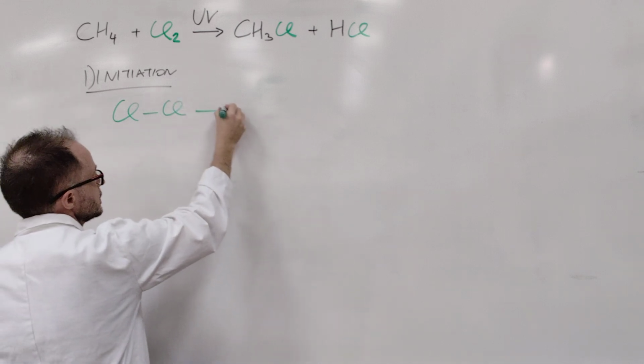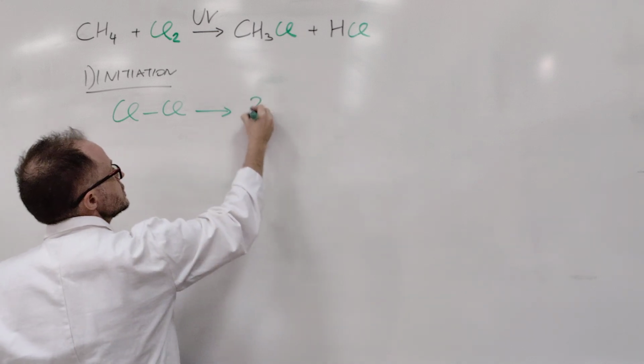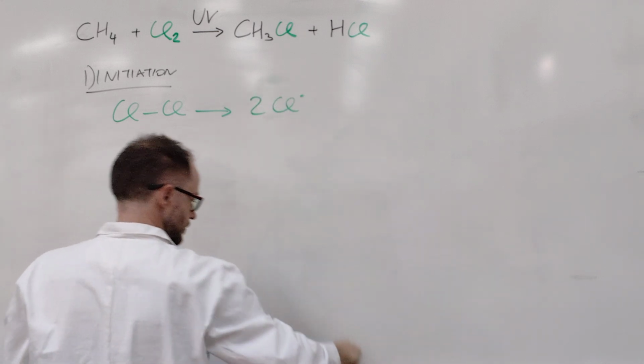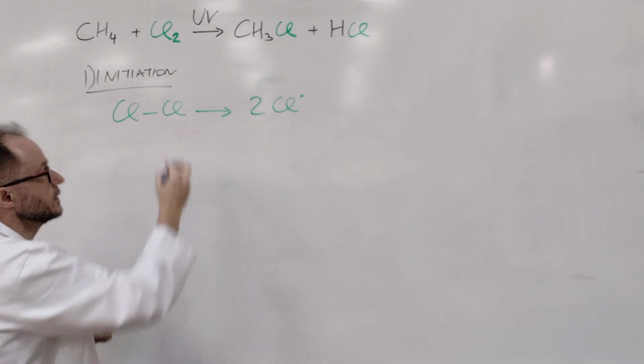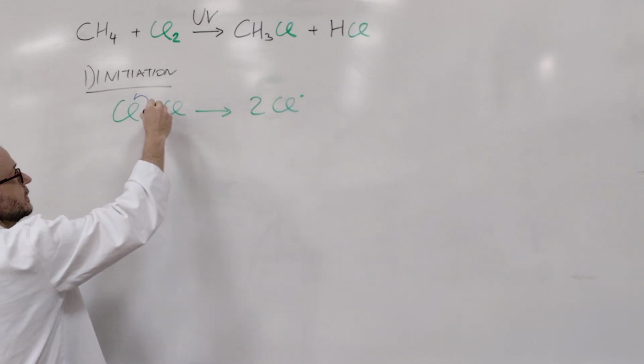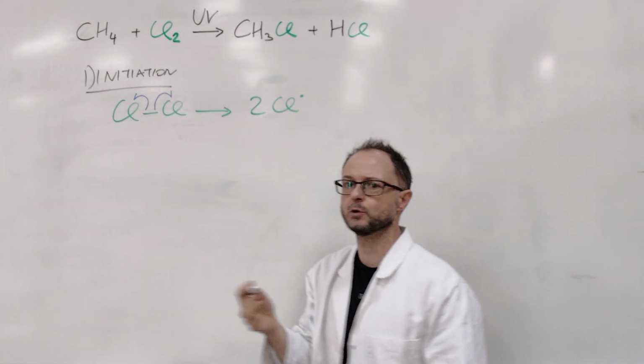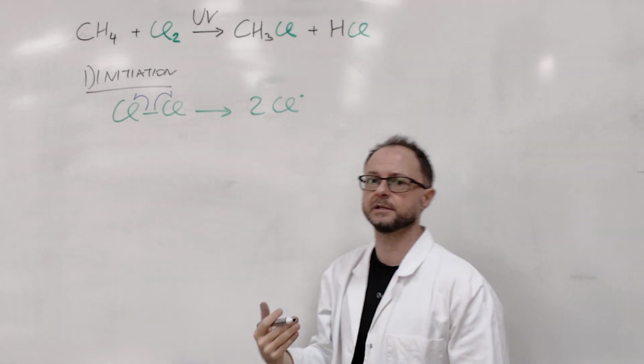Chlorine-chlorine breaks apart to become two chlorine free radicals. One chlorine takes one electron and the other takes the other. That is known as homolytic fission, an equal sharing of the electrons when the bond dissociates.